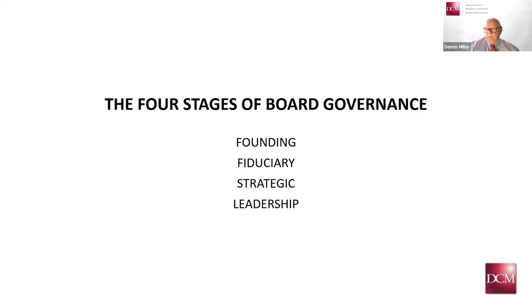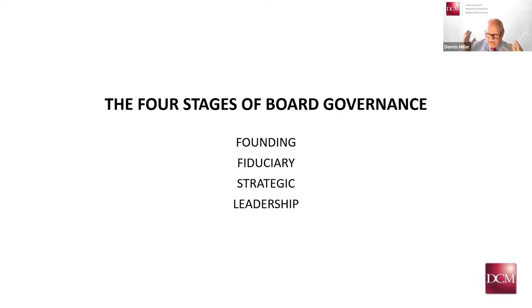From my experience over 35 years, there are four stages of board governance, just like there are stages of organizational life and stages of our life cycle. I want to go over this first because it sets the framework for our discussion. The first stage of a nonprofit board's life cycle is the founding board.